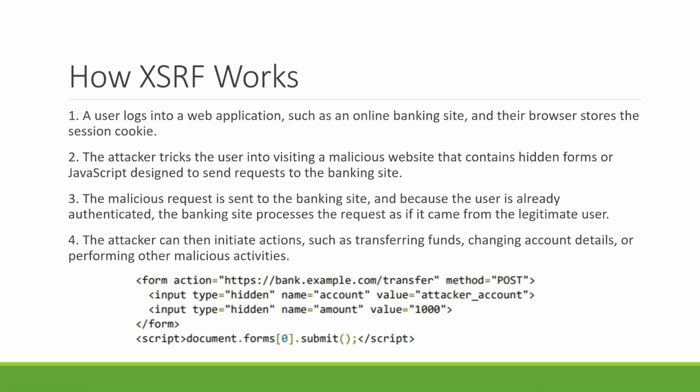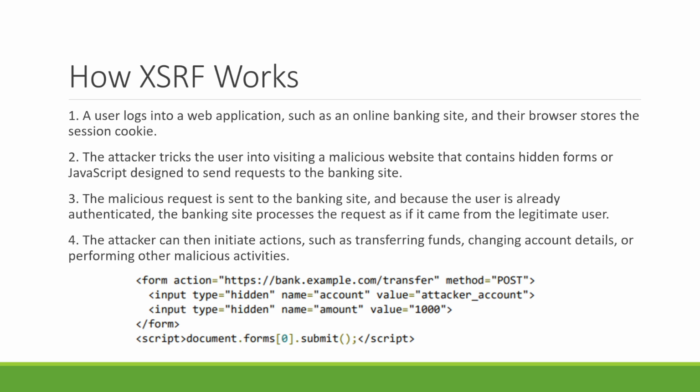Now, how does cross-site request forgery work differently? Well, it's a little bit different because the attacker is going to trick the victim into performing unwanted actions on a website where they've already been authenticated. So think of this like man-in-the-middle attacks. For instance, straight from the book, a user logs into a web application such as an online banking site.